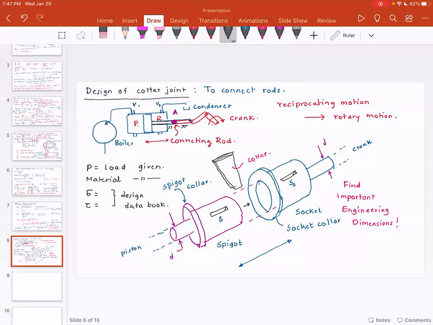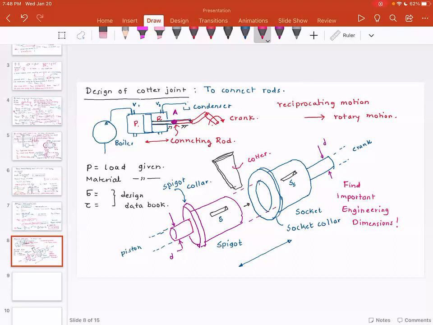I'm going to give you a step-by-step procedure on how to design the cotter joint, and then you can follow that step-by-step recipe to actually design it. Once these important dimensions of the cotter joint are found out, you can actually start drawing. The first step is to create a rough sketch of the cotter joint.